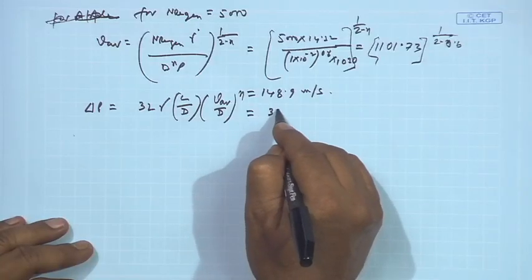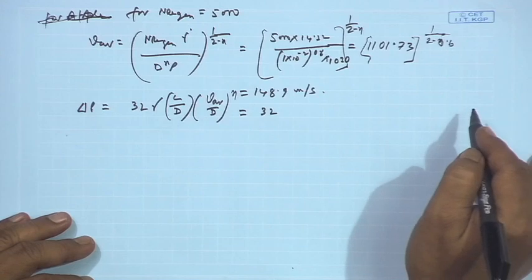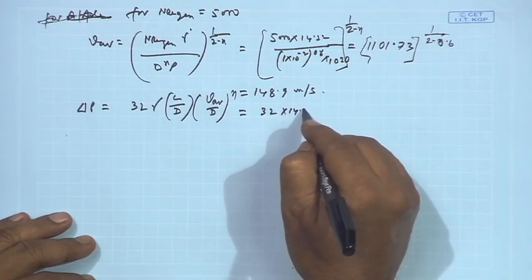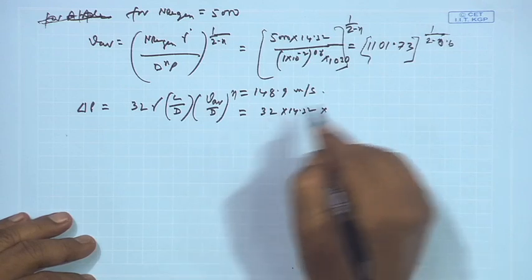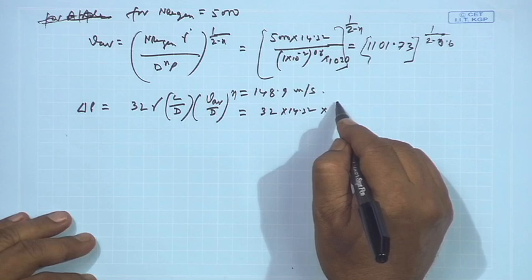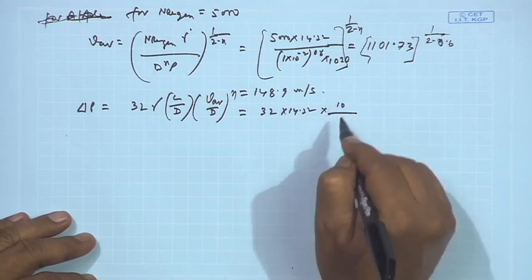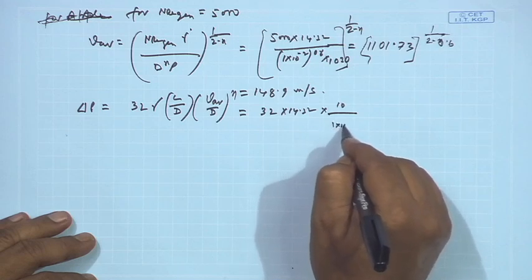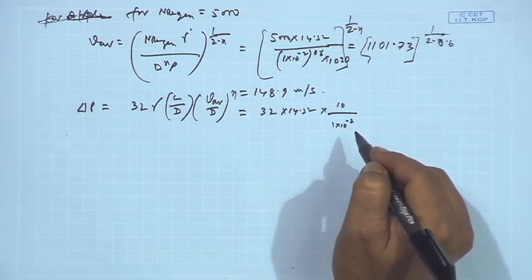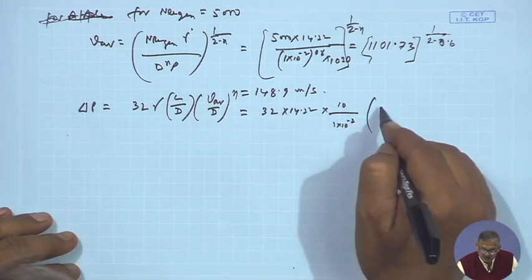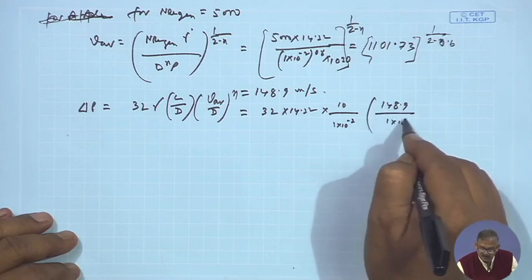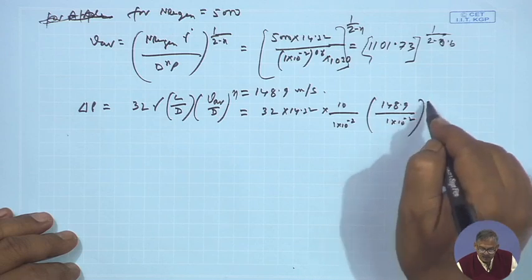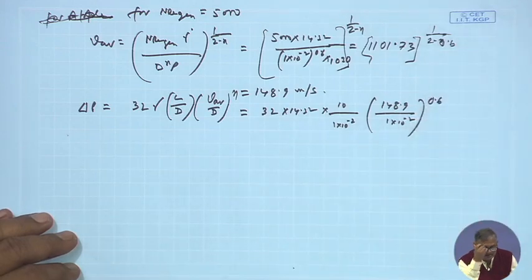That is 32 times gamma, which we found out to be 14.32, times L, which was 10, and D was 1 into 10 to the minus 2, or 10 millimeter, times V average, 148.9, by D, 1 into 10 to the minus 2, to the power n, and n is 0.6.